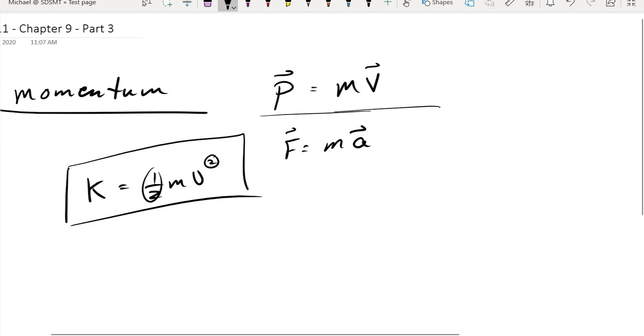So the kinetic energy doesn't have any information about what direction our mass is moving, but momentum does.